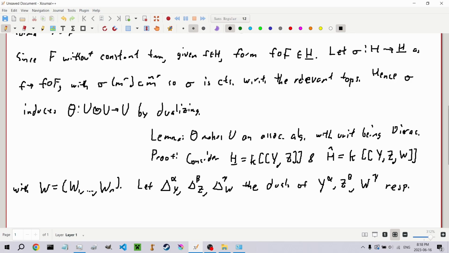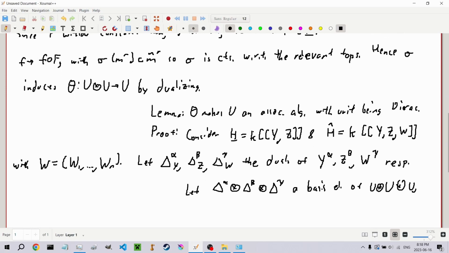Now we prove the associative law. So we're going to let delta alpha tensor delta beta tensor delta gamma be a quote-unquote typical basis element of U tensor U tensor U, and F in H.